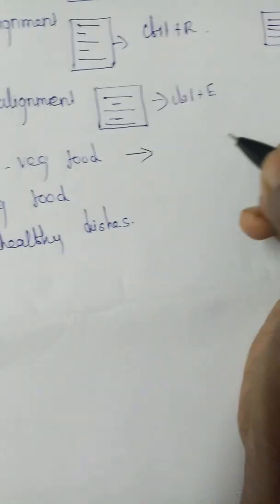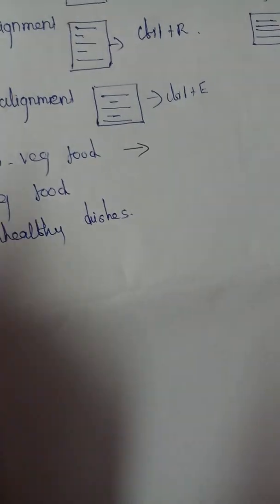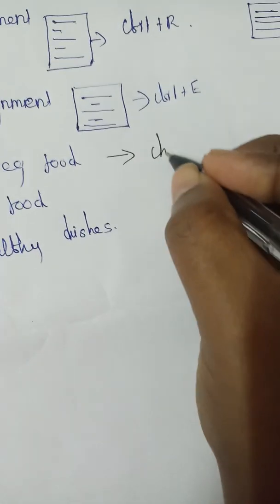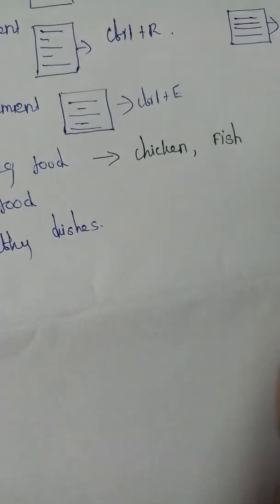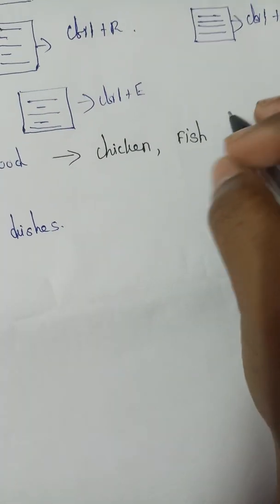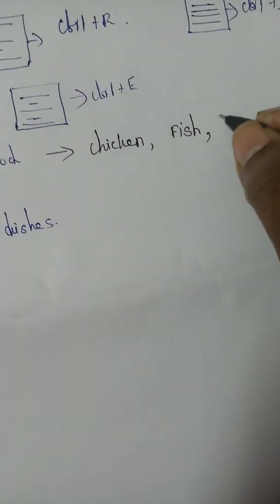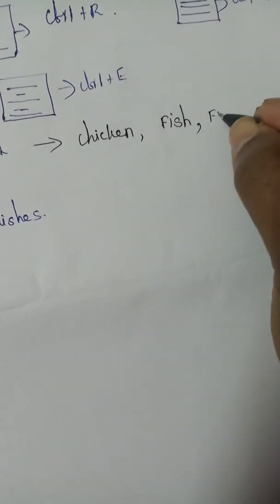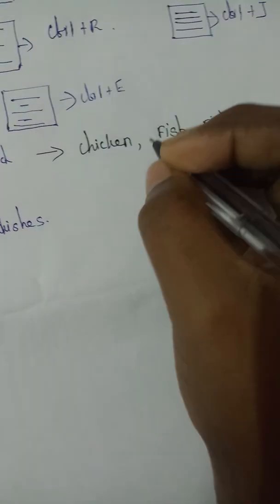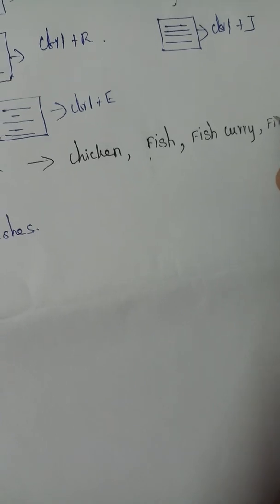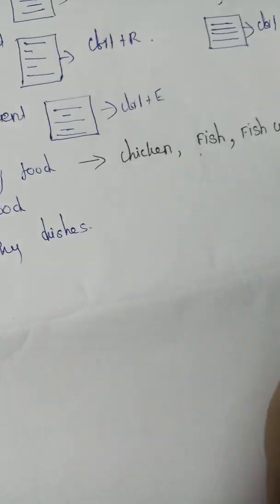So I will give chicken in black color, fish in black color, and then fish curry, and then fish fry. So for non-veg dishes you can use the black color.